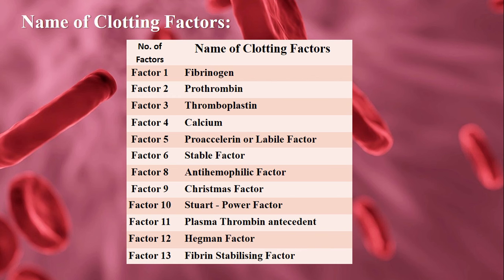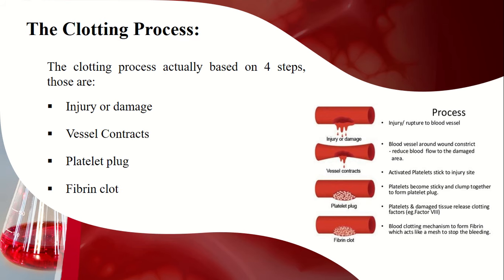There are 13 different clotting factors, which are fibrinogen, prothrombin, thromboplastin, calcium, proaccelerin, stable factor, antihemophilic factor, Christmas factor, Stuart-Prower factor, plasma thromboplastin antecedent, and Hageman factor, and the last one is fibrin stabilizing factor.